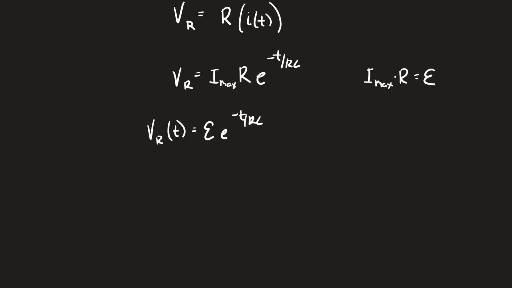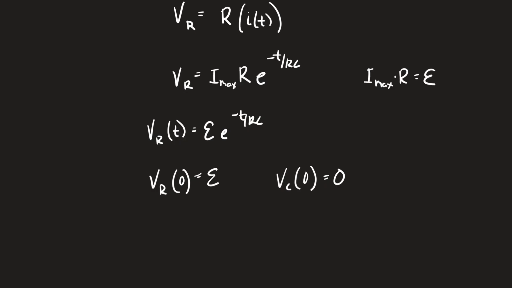Now, listen closely. The voltage across the resistor at time 0 is the entire voltage applied to the circuit. It is the EMF of the battery, which means there's no voltage across the capacitor because of Kirchhoff's rules. So, by extension, VC at time 0 is 0. The capacitor behaves as if it has 0 resistance at time 0.